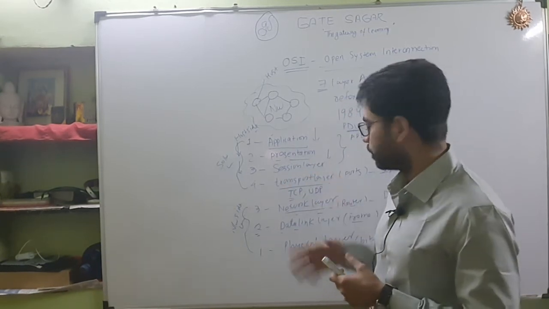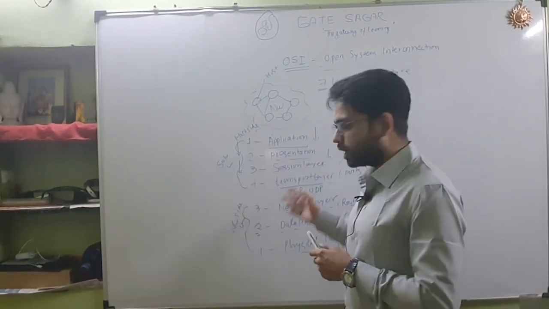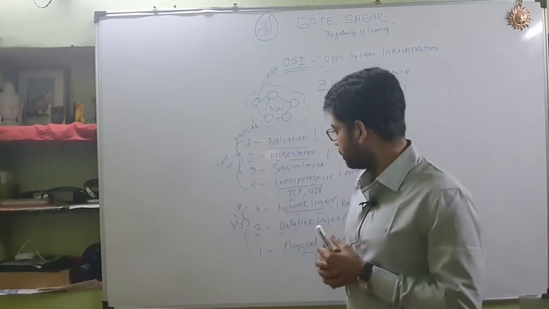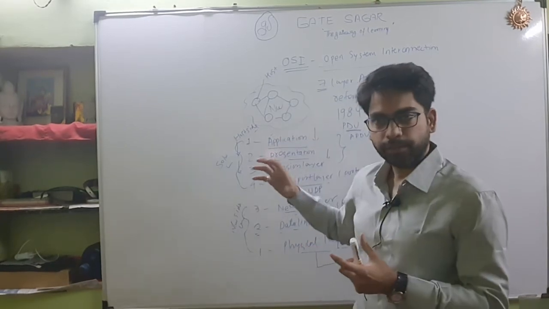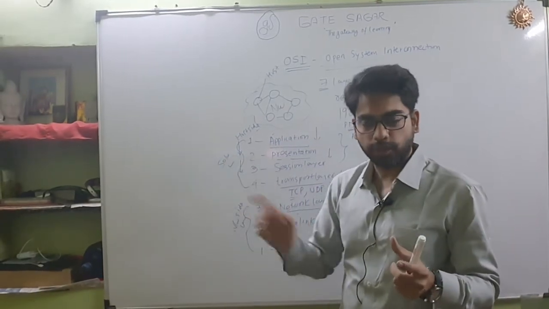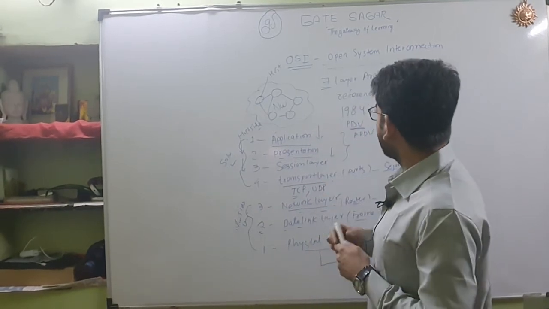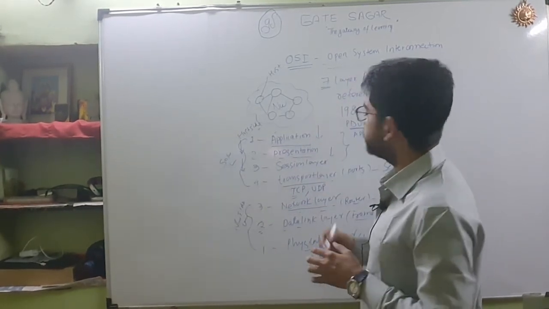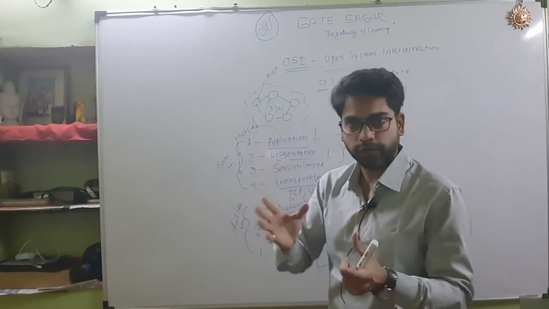Each layer has its own protocol. In this 7 layer architecture, the transport layer is called the heart of the whole communication system, because it helps with process to process communication, like real communication. Open system interconnection is basically a system which is ready to communicate and is part of the network.